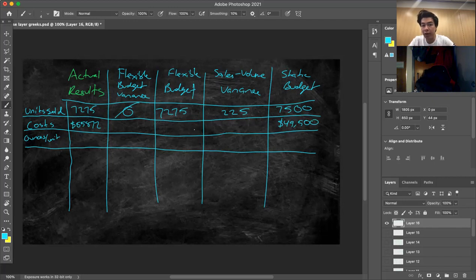And then the middle one, we've got to do the division and the multiplying. So 49,500 divided by 7,500 times 7275. So 48,015. Does that sound correct? Yep.